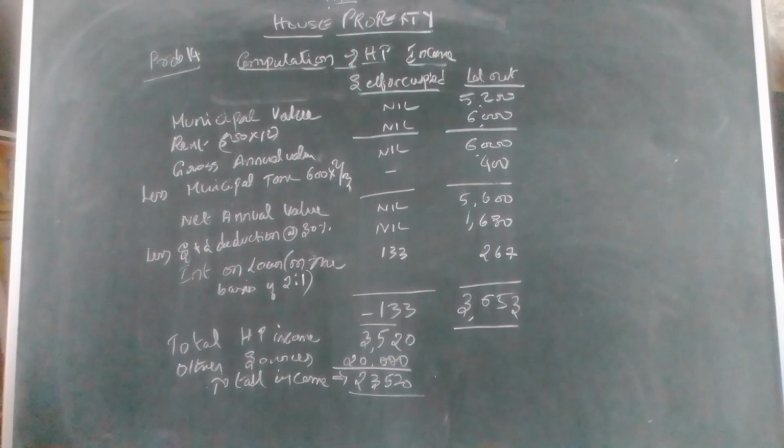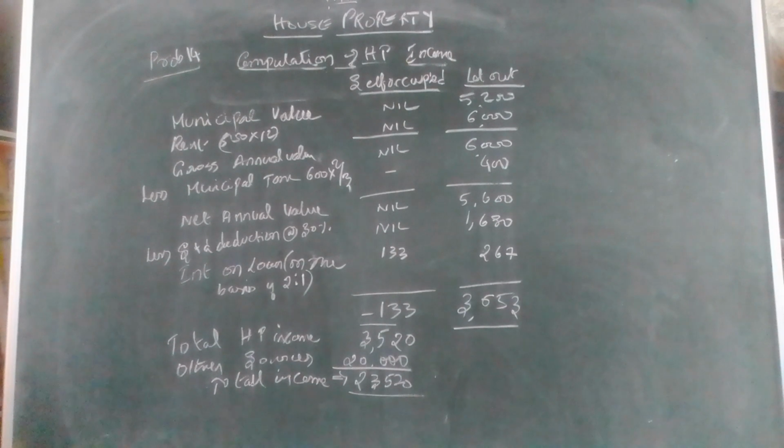Please understand the concept. In previous problems, we had fair rental value, municipal value, standard rent, and rent received. Whereas in this case, we are given only the municipal value and the rent received, and whichever is higher is taken as gross annual value.